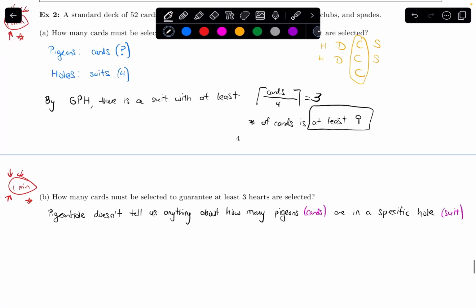Okay, so as a result, I can't use the pigeonhole principle on this, and we have to instead use logic.